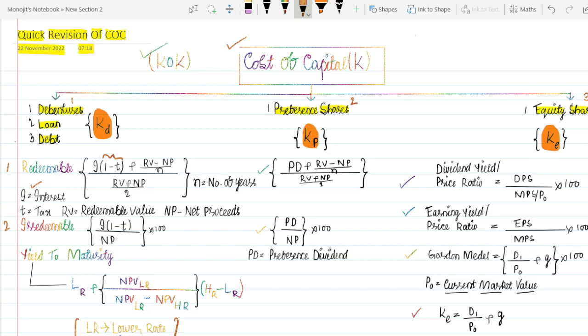And then we need to write a plus, plus (redemption value minus net proceeds) divided by n.